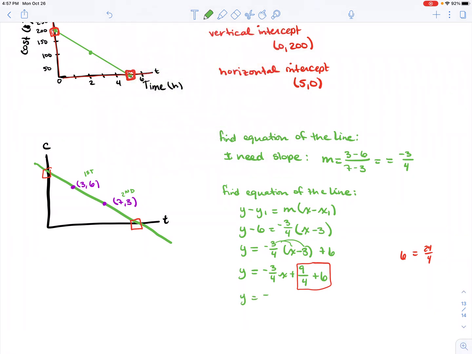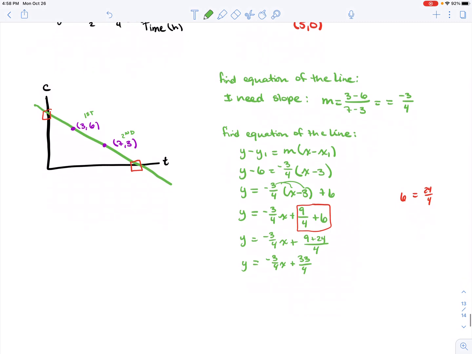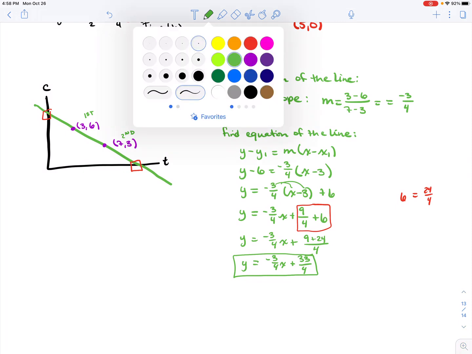So I have y equals minus 3/4 x plus 9 plus 24 all over 4. That equals minus 3/4 x plus 33 over 4 equals y. So this is my equation of the line. I'm going to leave it in this form. Now I have my equation, now I can find my intercepts.